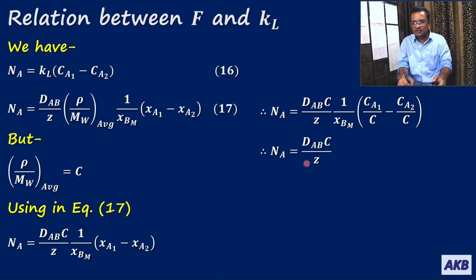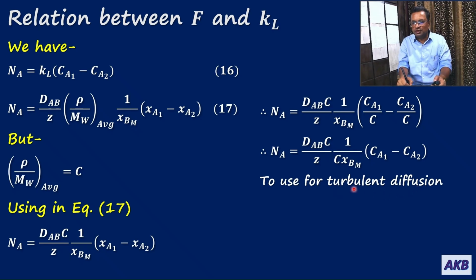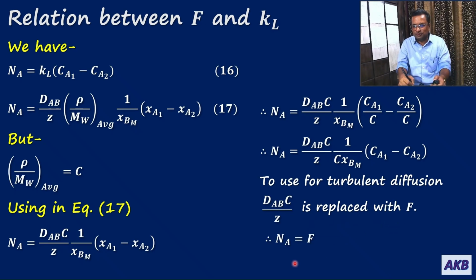So it will be Na is equal to DAB C upon Z into 1 upon C into XBM into Ca1 minus Ca2. Now, in order to use this equation for turbulent diffusion, we need to replace this group. So DAB C upon Z is to be replaced with F. If we do that, it will be Na is equal to F into 1 upon C into XBM into Ca1 minus Ca2. This is equation 18.